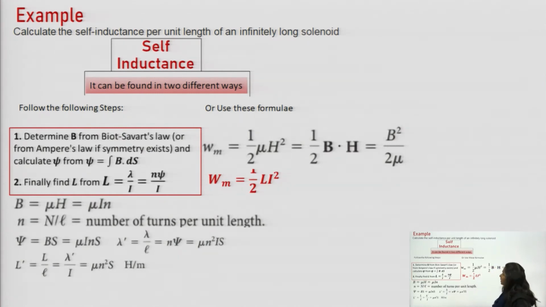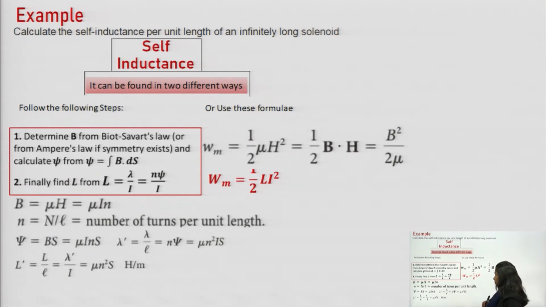So here is one problem: to calculate self inductance per unit length of an infinitely long solenoid. In order to find self inductance, we can follow either of these methods. The first method includes two steps, in which first of all we need to determine B, the magnetic flux density, either from Biot-Savart law or from Ampere's law if symmetry exists.